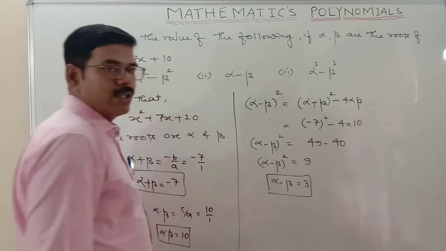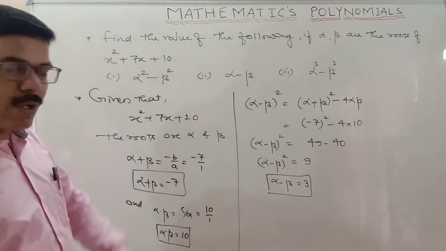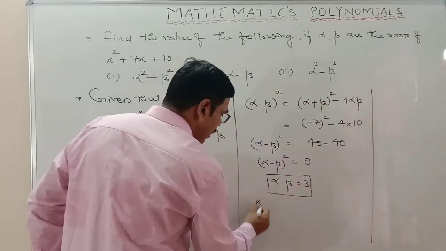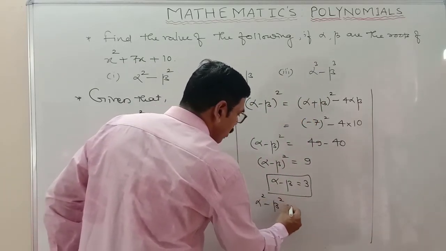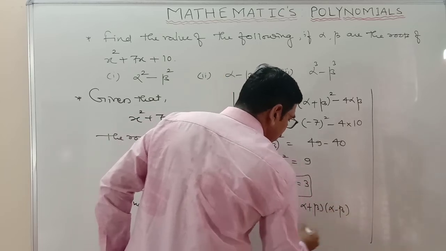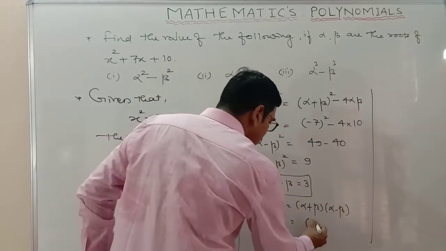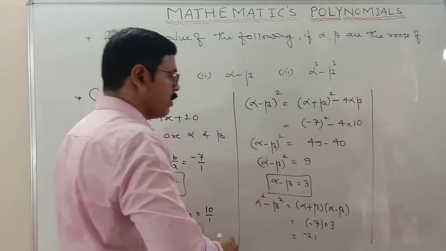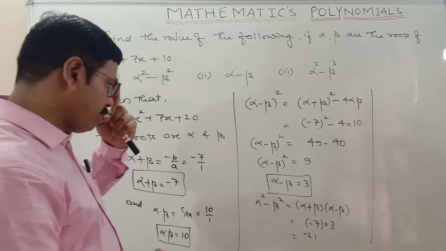Is there any doubt? Now we need to determine alpha square minus beta square. That's again very easy. How? See that alpha square minus beta square is alpha plus beta into alpha minus beta. That is minus 7 and 3. It is minus 21. Do you have any doubt?